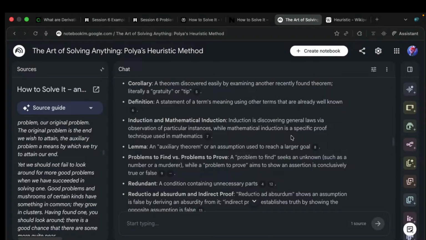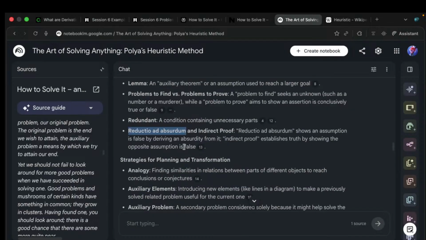Then reduction, or reductio. Okay, so this might be a term. It shows an assumption is false by deriving an absurdity from it. So this is indirect proof: establishing truth by showing the opposite assumption is false.